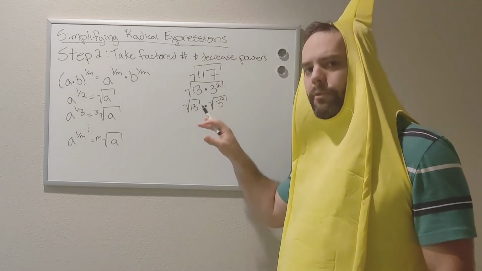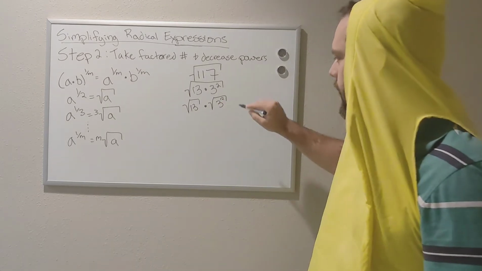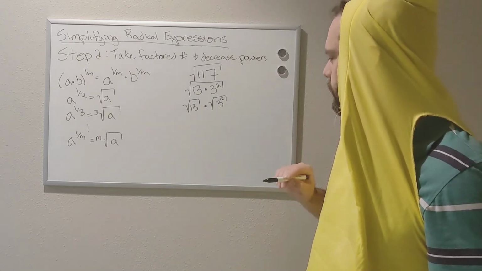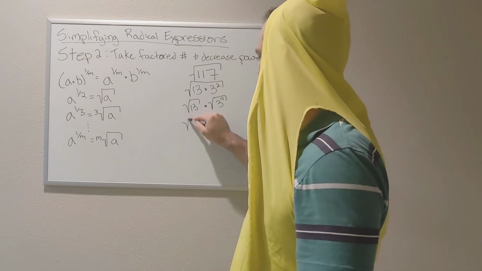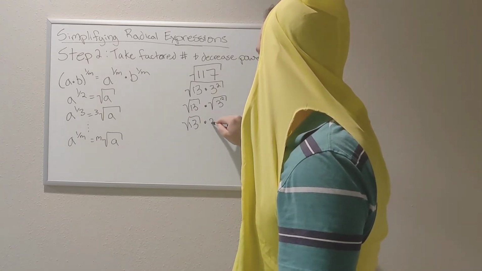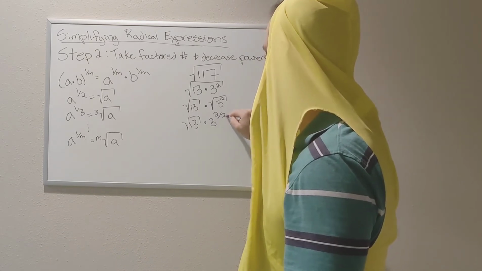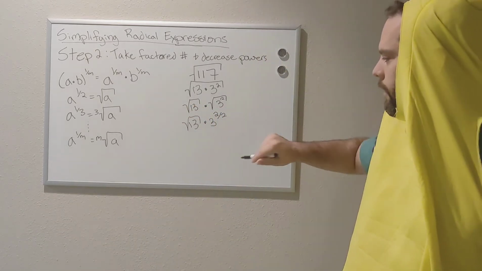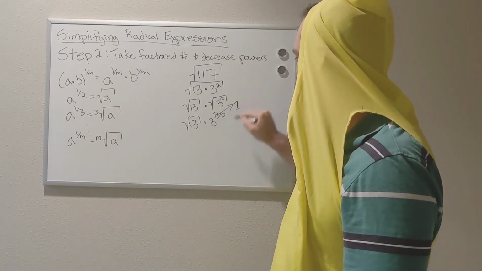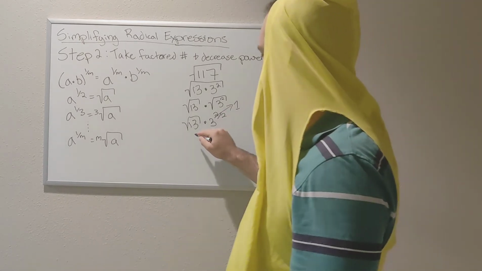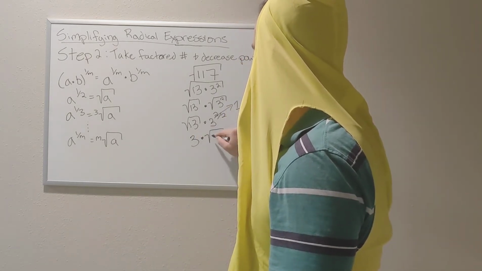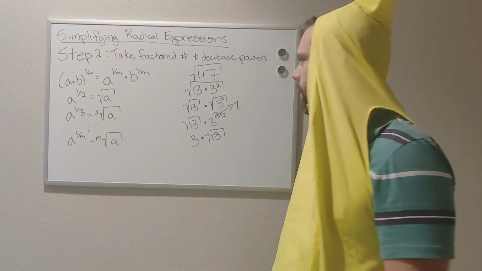Now we want to remember what the square root is actually doing. It's halving any powers that we have. So in this case we have 2, so I can write this as the square root of 13 times 3 to the 2 over 2. See, it's halving our power here. Well, 2 over 2 is just 1. 3 to the 1 is 3. And we've simplified our first radical into 3 times the square root of 13.